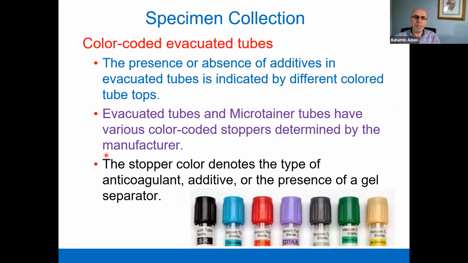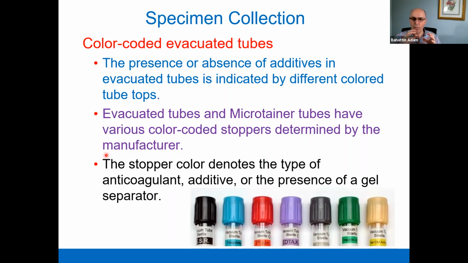Now, as you see, colorful tops, there are several test tubes with different colors of the stopper. The presence or absence of additive in evacuated tubes is indicated by different colored tube tops or stoppers.